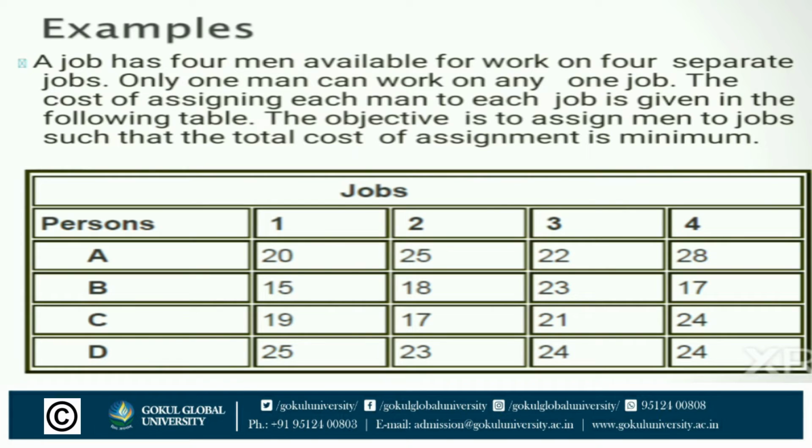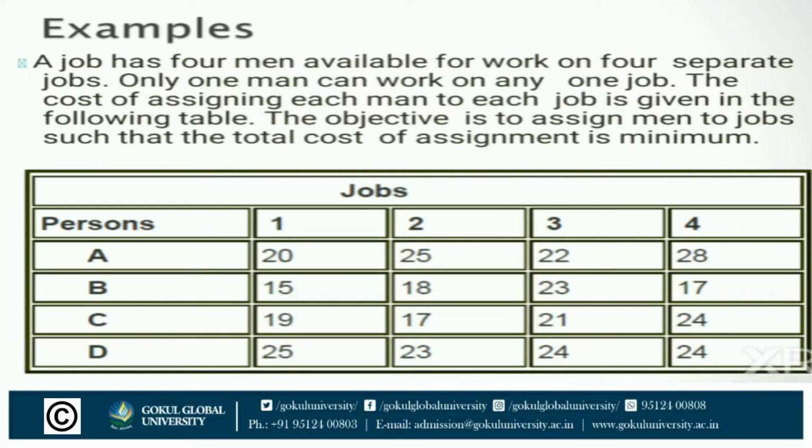In the first row, the smallest element is 20. The entries of the cost matrix are: first row 20, 25, 22, 28. Second row 15, 18, 23, 17. Third row 19, 17, 21, 24. And last row 25, 23, 24 and 24.